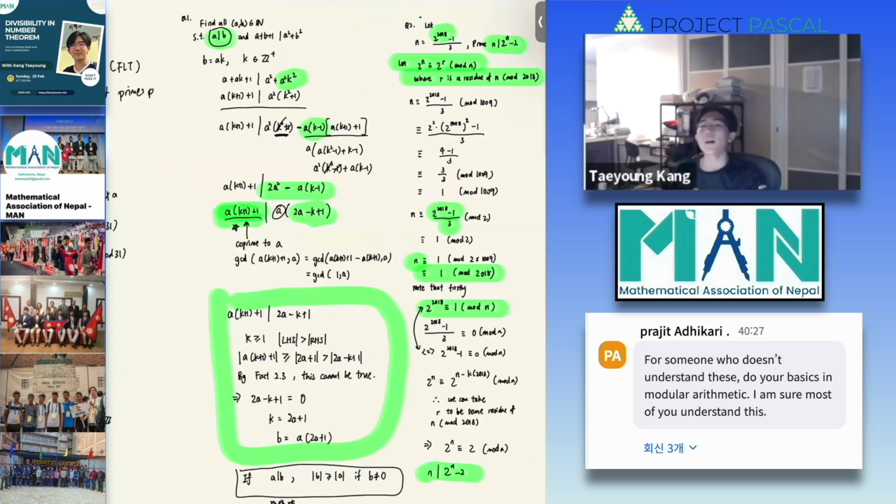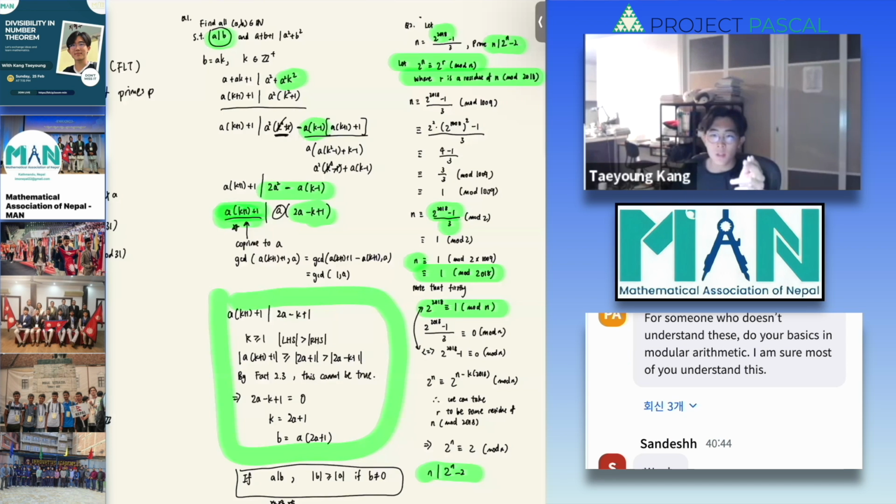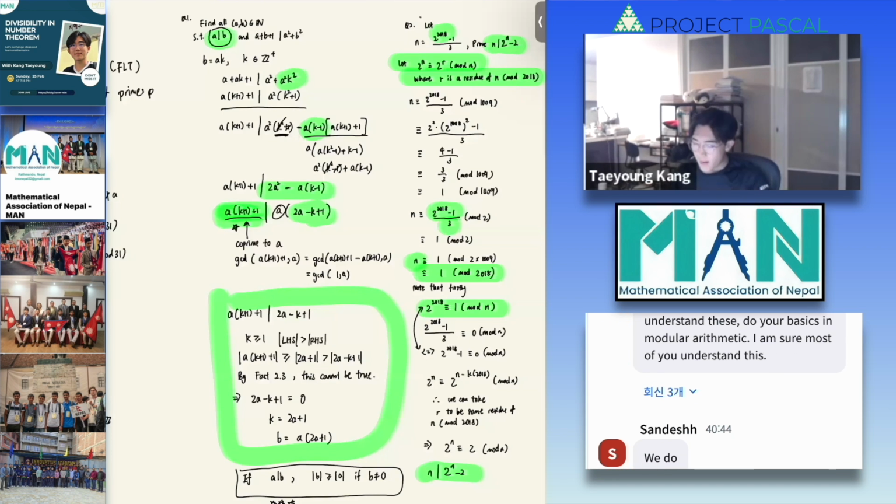Do you guys have any questions about the solution? I think the Fermat's little theorem portion of the solution is a bit more straightforward, but the harder part about the solution is noticing that n is actually, oh, okay, the n is a bit confusing.